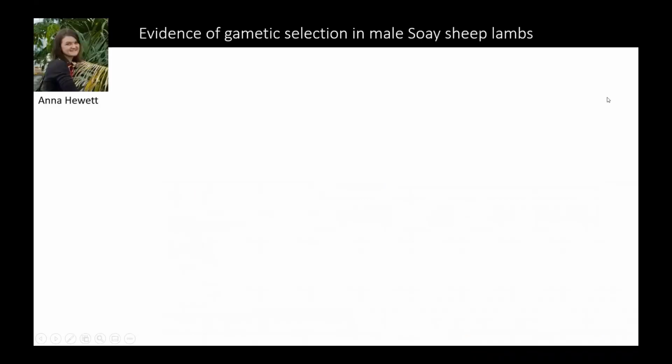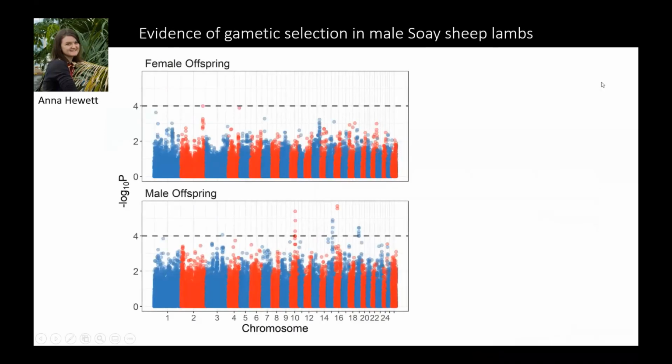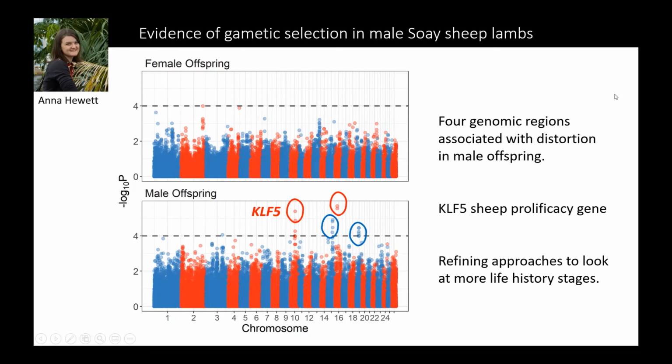I'll just quickly present results from some work done by Anna. She found that when looking at the inheritance of particular alleles into female or male offspring, there's some evidence of selection in male Soay sheep lambs. She found four genomic regions that are associated with distortion in male offspring, so there's one allele that tends to end up in surviving male offspring more than others.